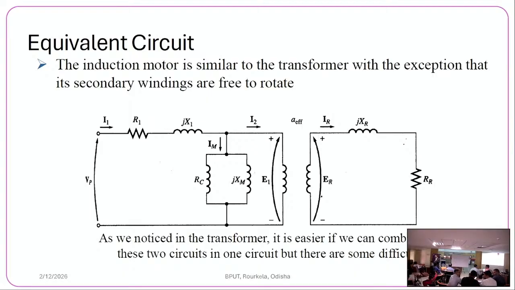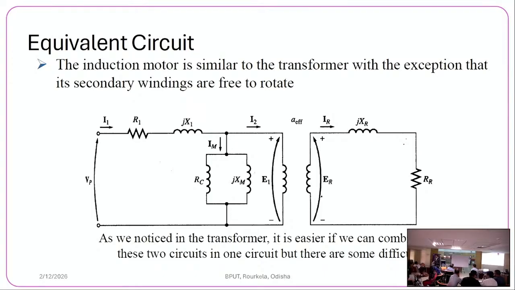Sir, so that rotation can be done. It can be compared with the transformer when the secondary winding is shorted, and all the calculations will come into picture. But sir, in a transformer we get the humming sound because the secondary is trying to rotate and we are blocking it.